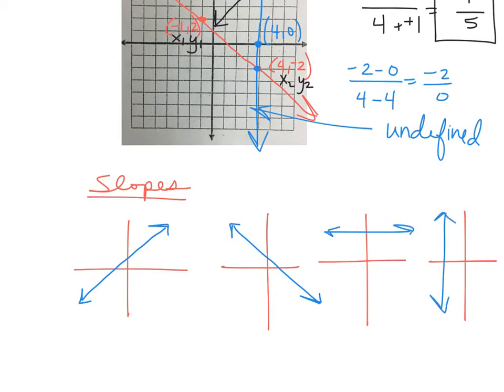What could you tell me about the first slope? It's increasing. It's positive, right? So if it's on its way up, left to right, it's positive. What's the second one? That's a negative slope. And then we just talked about this. What is a horizontal? That's a slope of 0. And what's a vertical? Undefined.